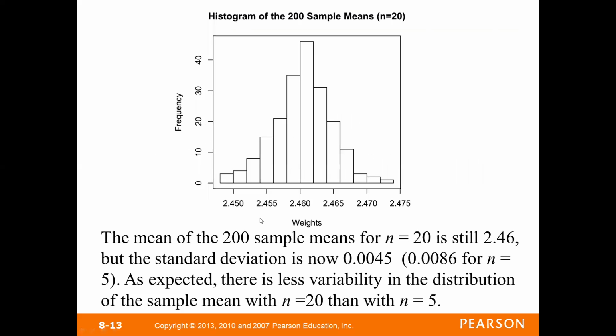What we'll see is that we still get the same mean of the sampling distribution of 2.46. So we did this process 200 times again, but now we looked at 20 pennies each time. We still got an average of averages of 2.46, which matches the population, but the standard deviation decreased by about half.